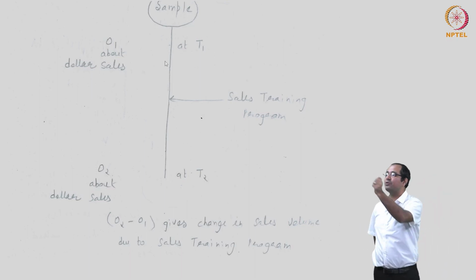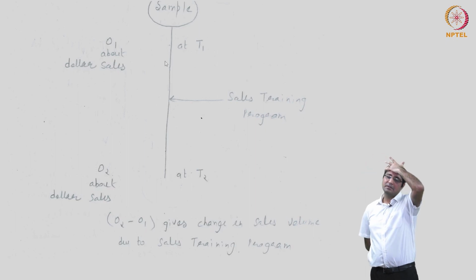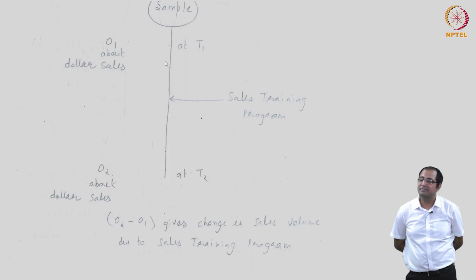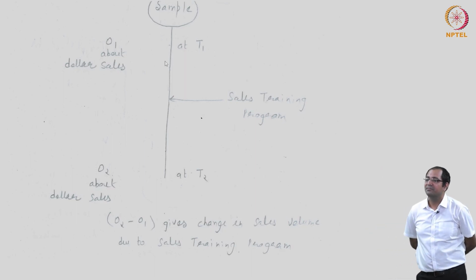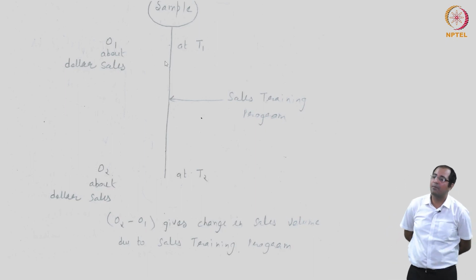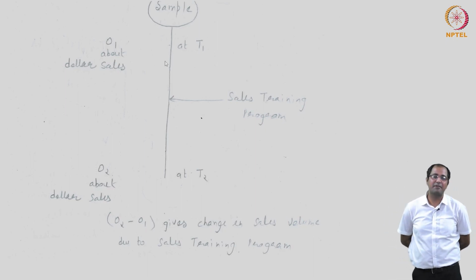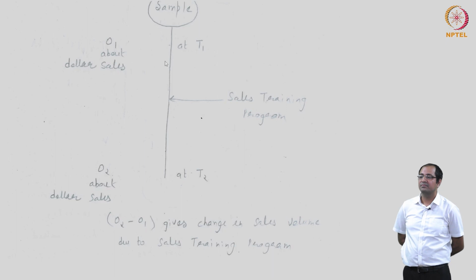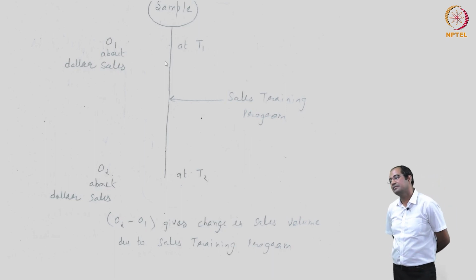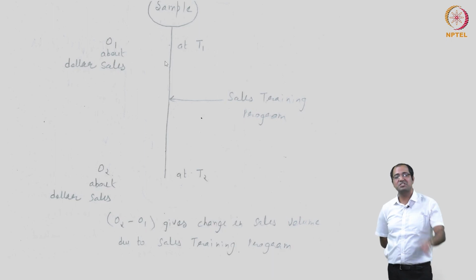Let's say we had not selected them randomly; the manager would have chosen the ones that he knows very well. Then where would the problem have been? That is called selection bias, which is what he was saying.